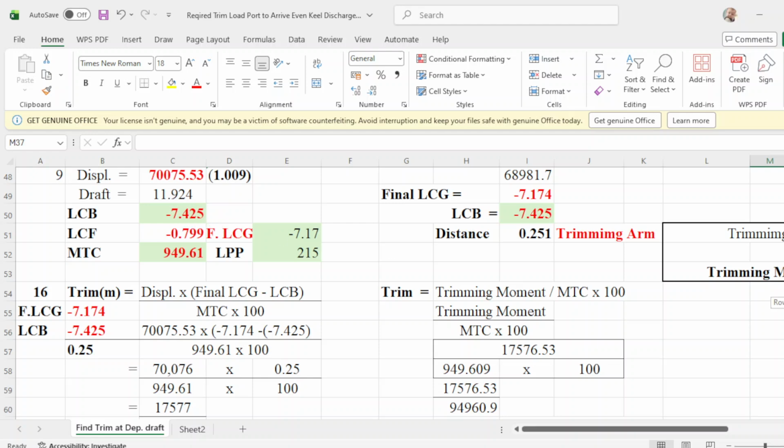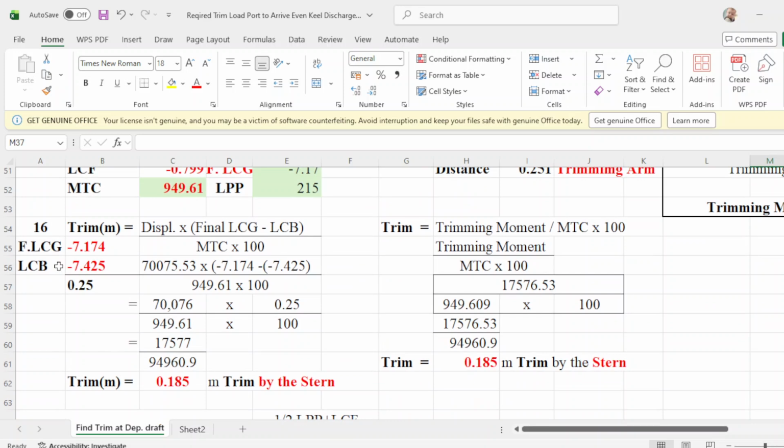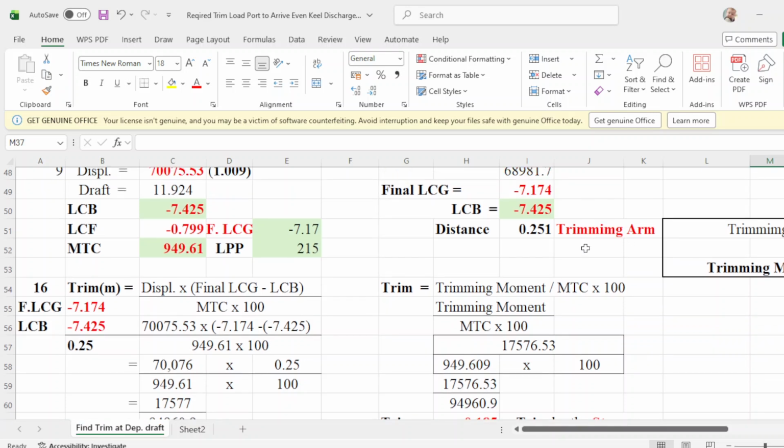Okay. So here, I put this one, final LCG minus your LCB negative 7425, that will be 0.25. So here 0.25, this is your trimming arm, which is the same here. So this is your trimming arm times displacement over MTC times 100. So it's the same here.